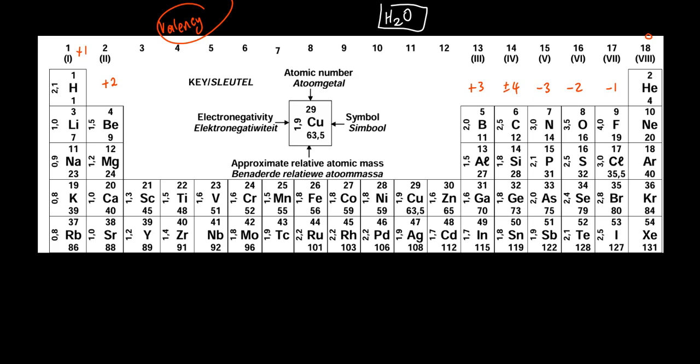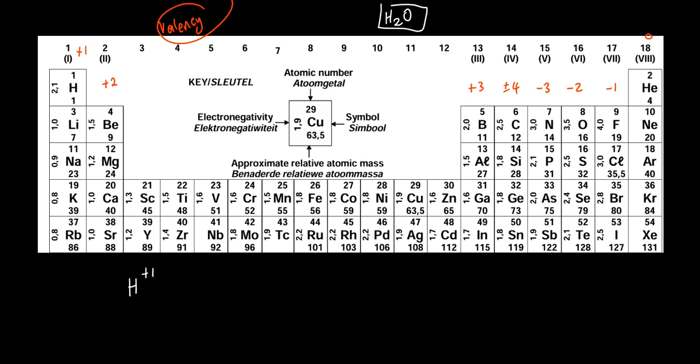The reason why we have H2O is because this is what I teach my grade 9s. So hydrogen is plus 1, because it's in this group, all of them are plus 1. In this group, all of them are plus 2.